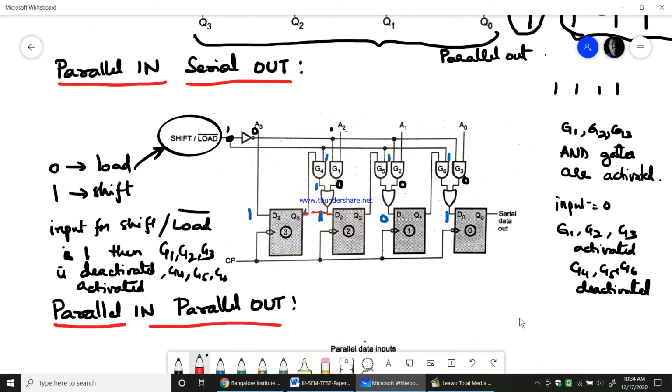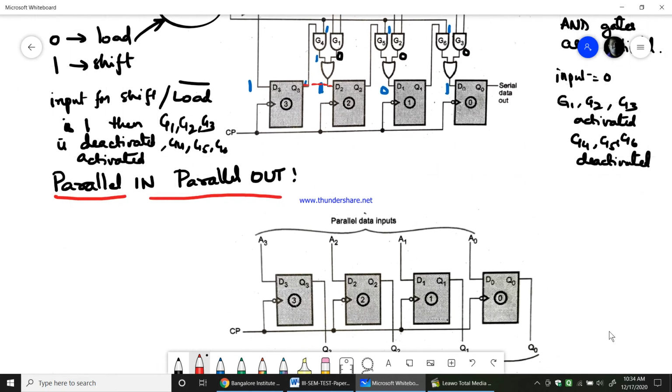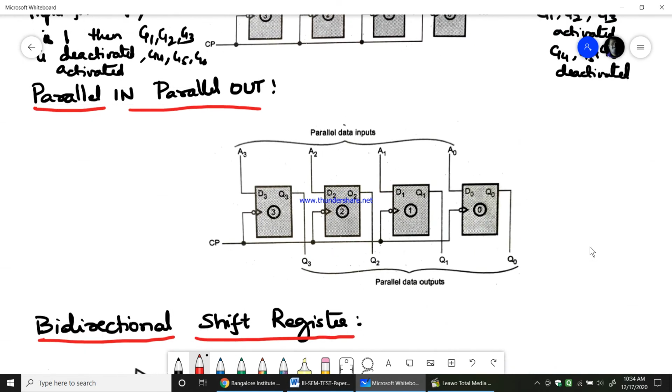Coming to parallel in, parallel out. It's quite simple. Parallel in, I directly give as input to each flip-flop, and when I press the clock pulse, inputs are loaded, and if I press the clock pulse again, that input comes out to the output. So I give 1, 0, 1, 1 for example, and press the clock pulse.